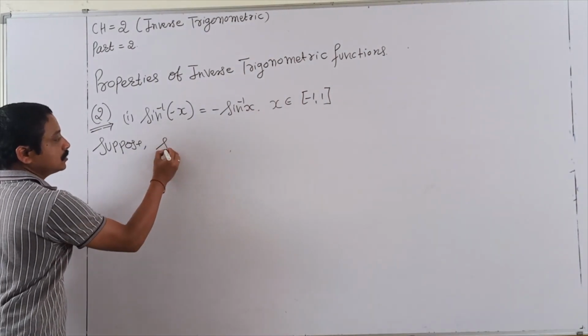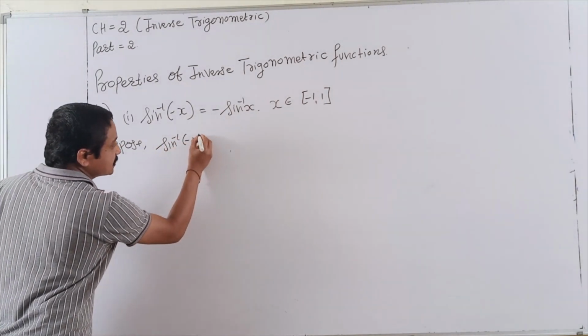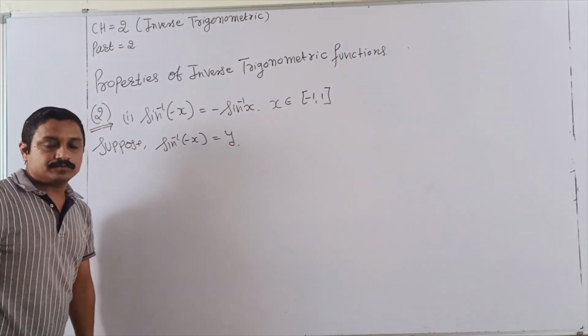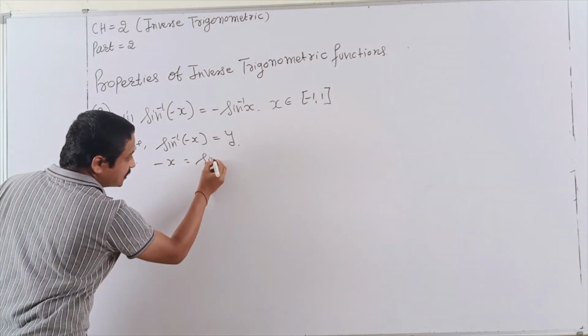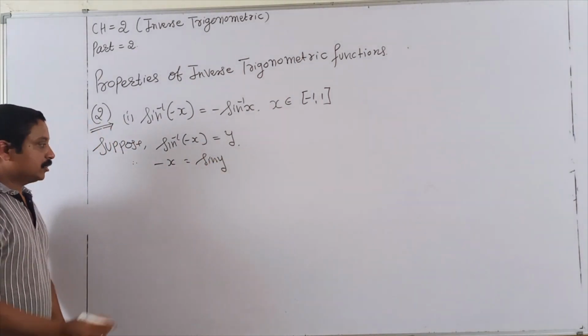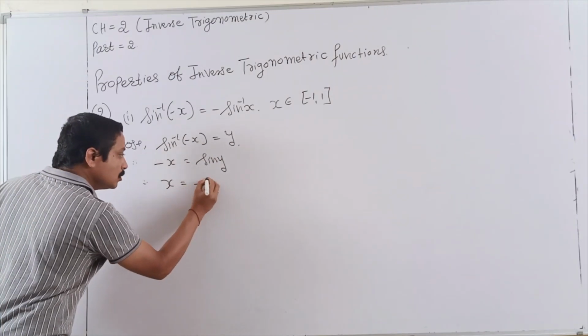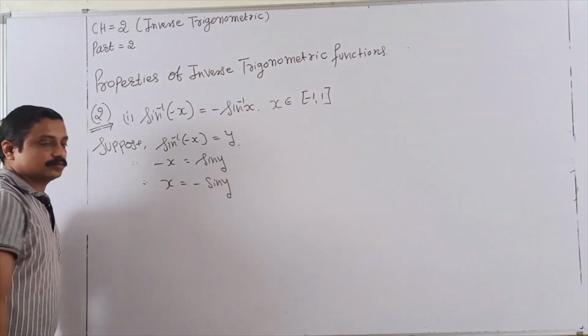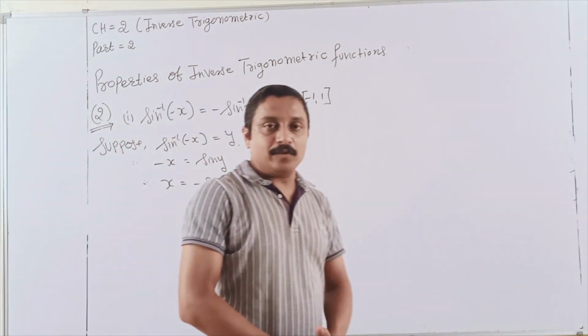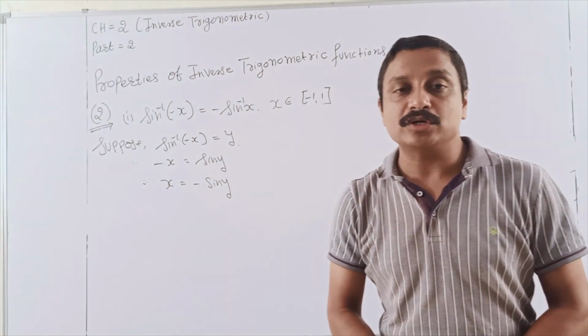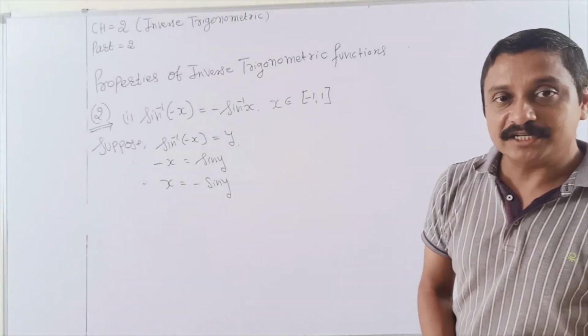Suppose sin inverse of minus x is equal to y is given. So what is the minus x? Yes, it is sin y. It means x is equal to minus sin y. Now generally you know, students, sin will be negative if you apply it as an odd function.